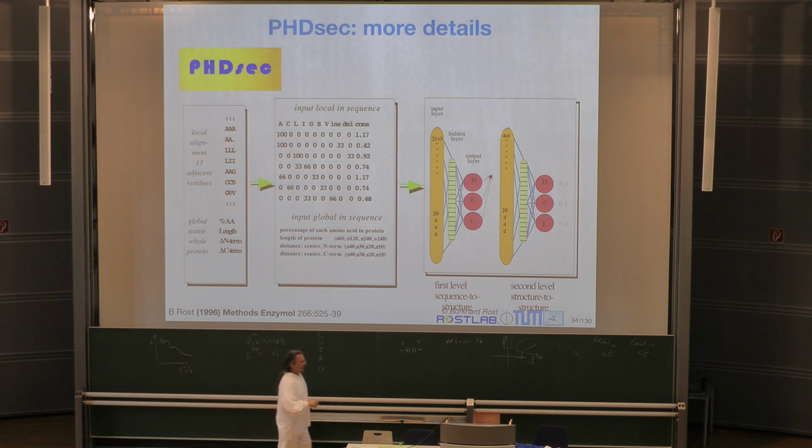Then I looked at a global classification problem. Instead of Q3, which is a local measure, because it looks at per residue, I looked at the C3, which is a global measure, because it classifies proteins according to whether predominantly the entire protein is all helical. And that is not a decision to be made from a single window, right?